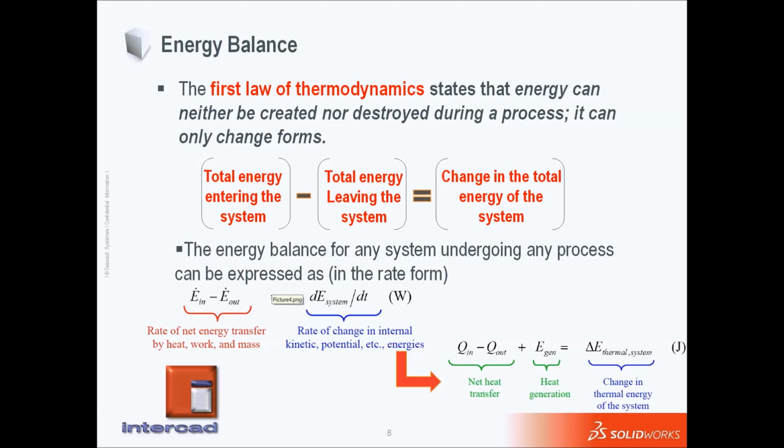So that is the general rule, but if we focus on heat transfer specifically, and the only mechanism of energy transfer is heat, the energy equation can be rewritten as Q in minus Q out, the net heat transfer, plus energy generation, such as a heating element or anything else within your system that generates energy, will equal the change of thermal energy of the system.